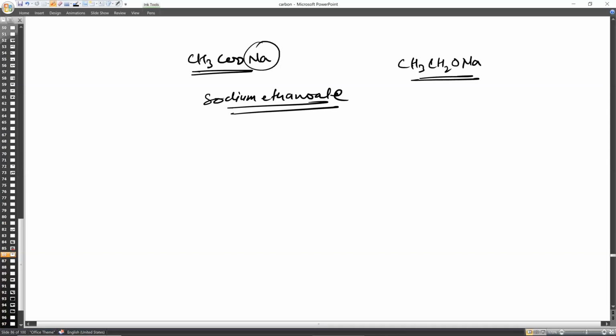And what should be the name of this? We write sodium, and then eth for the two carbons, and oate, which is the group known as the oate group, COO minus. So this is sodium ethanoate.